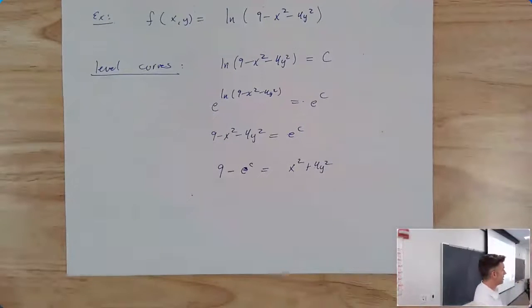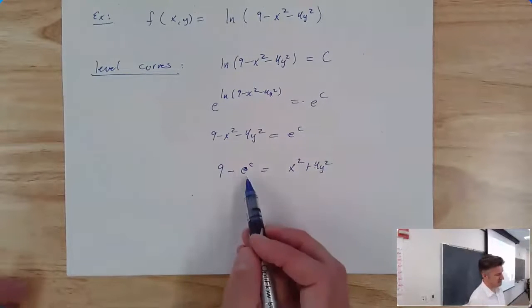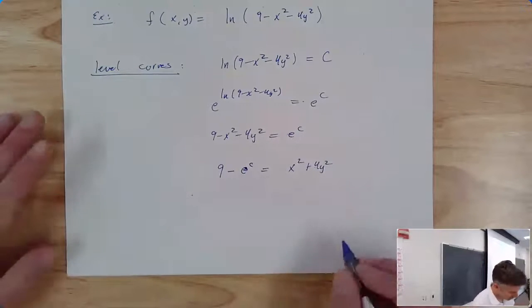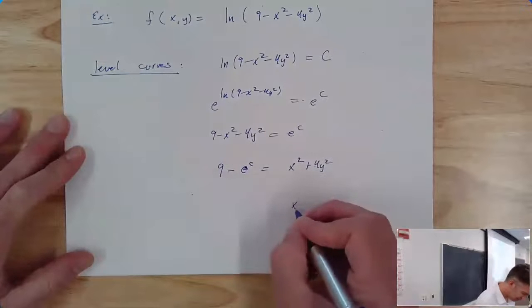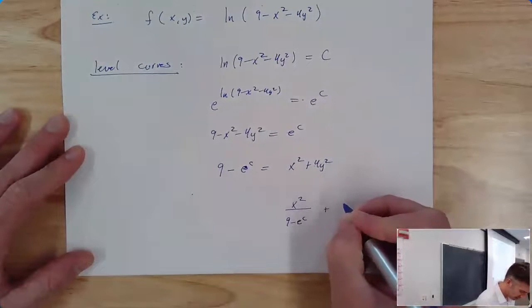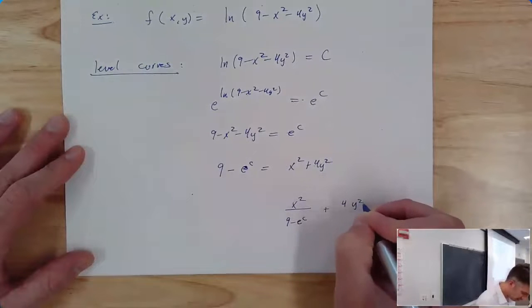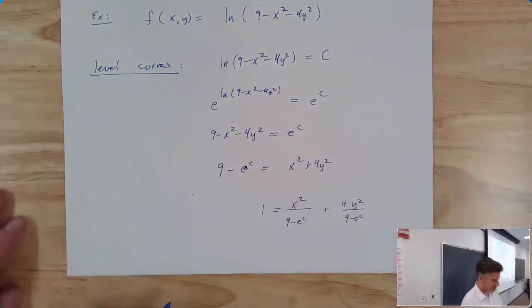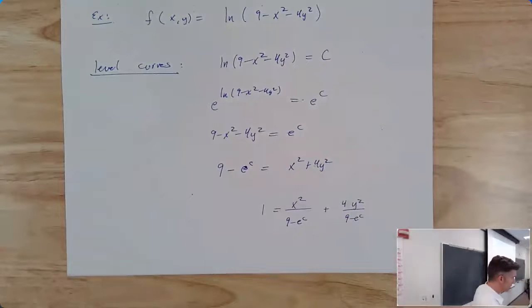Typically, when you're trying to write the equation of an ellipse, you want it to be equal to 1. So I'm going to divide everything by 9 minus e to the c. Okay, it's not my favorite, but we're going to get x squared divided by 9 minus e to the c plus 4y squared over 9 minus e to the c equal to 1.